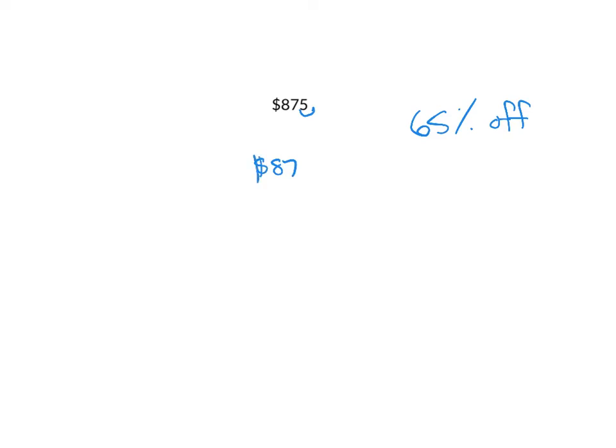Now here's what we're going to do. We're going to turn this into super quick math because you're just estimating it in your head at the store. So you're going to go, this is about $90. You know that you're overestimating, so it's going to cost a little bit more, but it's about $90. And that's 10%. Well, it's 60% off, so I go 90 times 6, and I get $540. Wow, that's a discount.